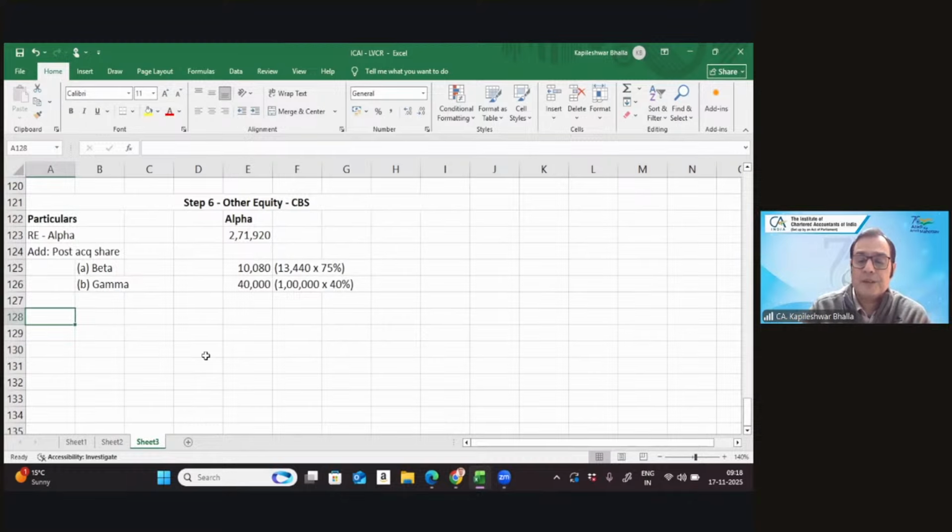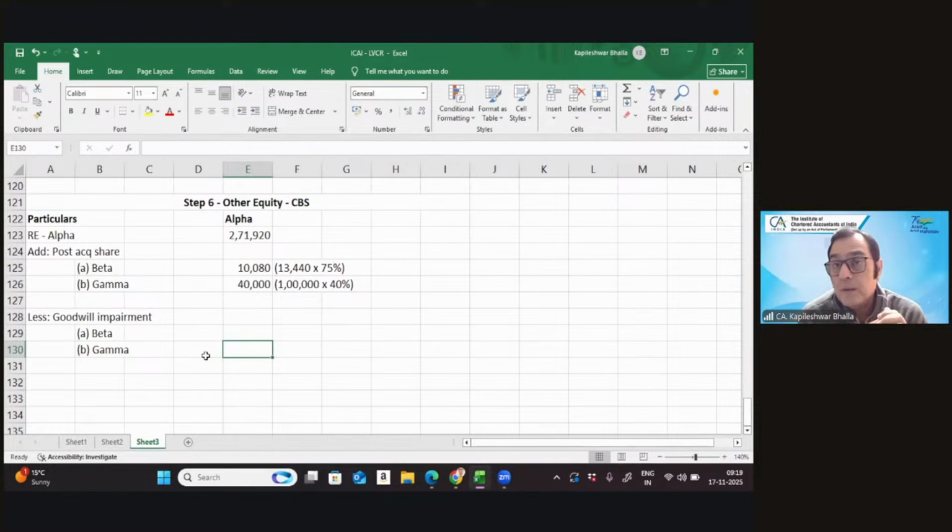And then we need to consider the goodwill impairment. In fact, when you're looking at the impairment in an associate, there is no goodwill impairment, but there can be investment impairment. But right now there is nothing. So I'm still showing the inputs that this is beta and there is gamma, just making a format.